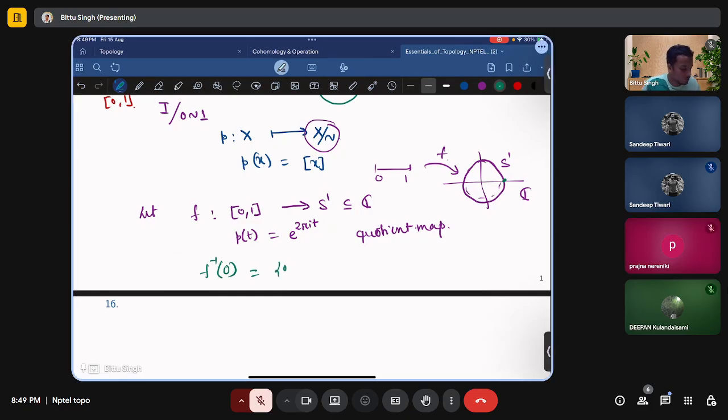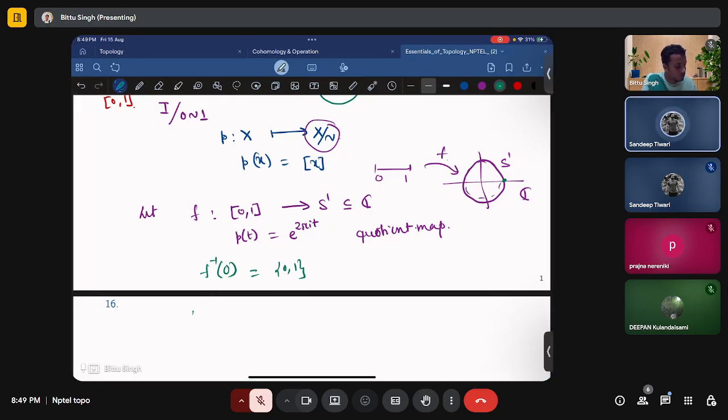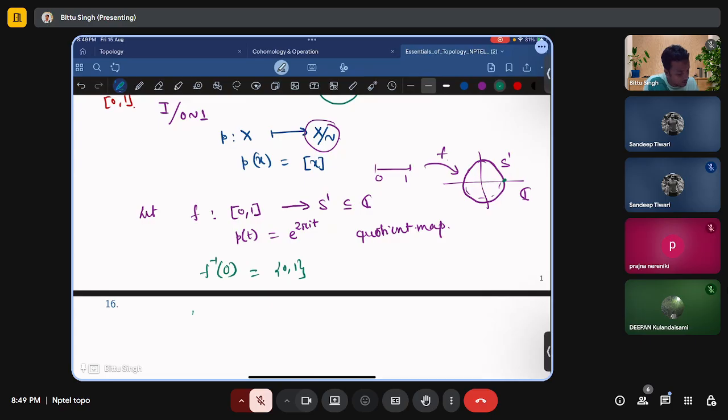Exactly, 0 and 1. Because e to the power 0 is equal to 1, e to the power 2 pi i is also 1. I mistakenly wrote 0, it should actually be 1.